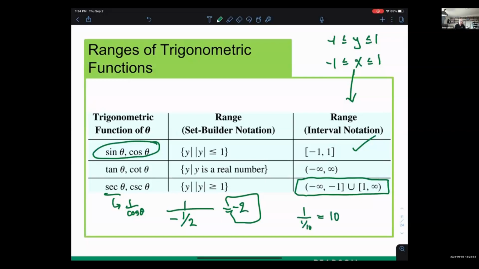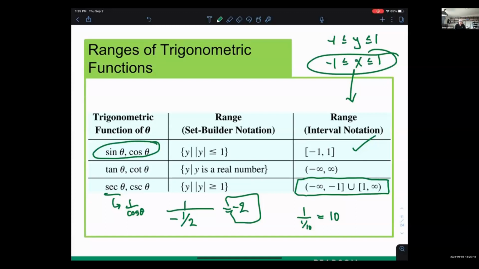So you can have very large numbers when you take values that cosine would have given you and you flip them, because cosine is going to give you little numbers between -1 and 1. And when you flip those, little numbers turn into big numbers. If I flip 1/20th, I get 20. If I flip 1/10th, I get 10, etc., etc.